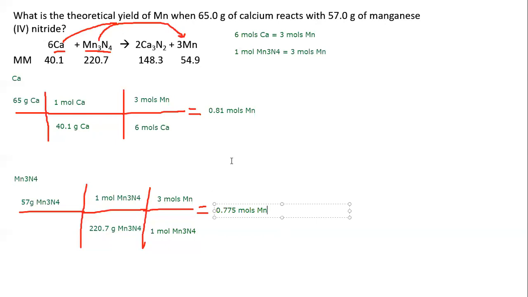And so in this example, manganese 4 nitride produces fewer moles of product, so it's going to be our limiting reactant.